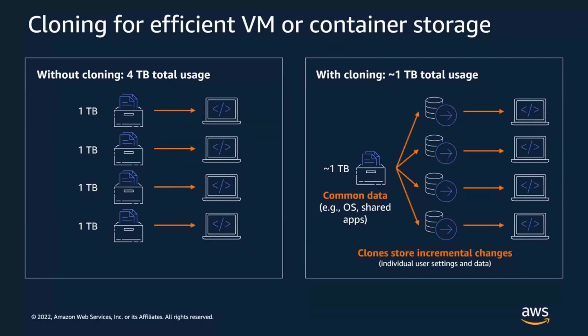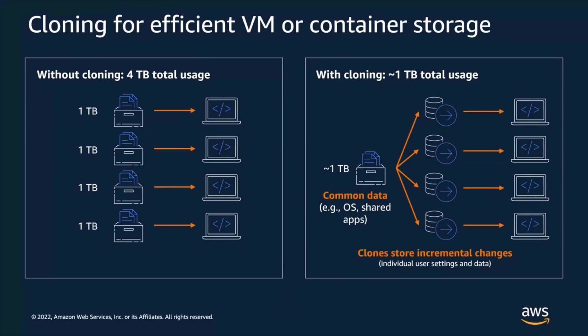And what cloning enables you to do is to store that common data only once, and then create individual clones that power each of those individual user environments. What these clones are really doing is making sure that any of those end users' changes or activity aren't affecting any of the others. And these clones are really storing those incremental changes.